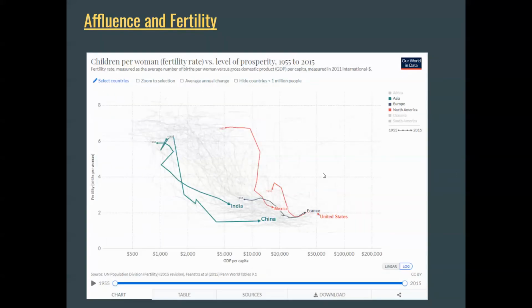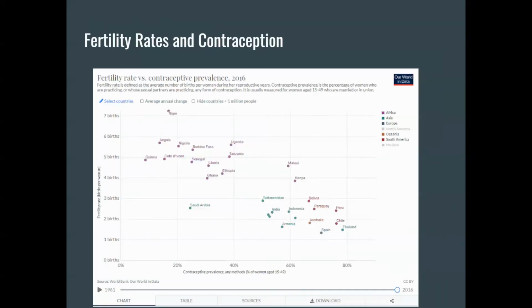We can also see that affluence has something to do with it. It's not quite as strong, but it is a significant indicator. As a population's GDP per capita goes up, fertility rates drop. So again, conditions for women, overall affluence in a society, and educational opportunities for women all influence total fertility rates.